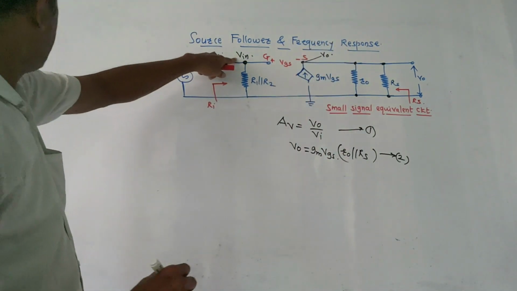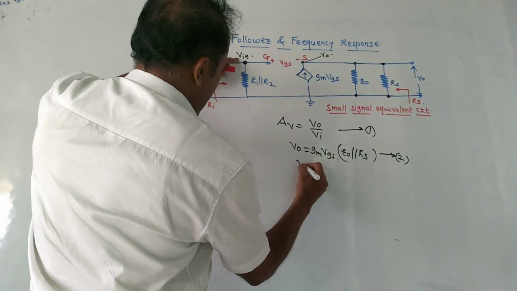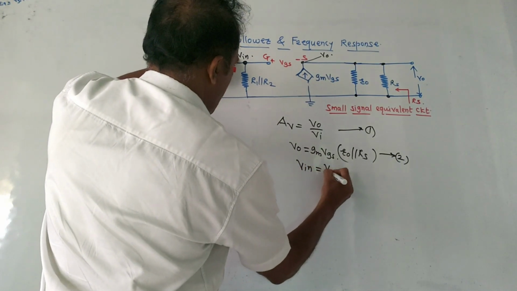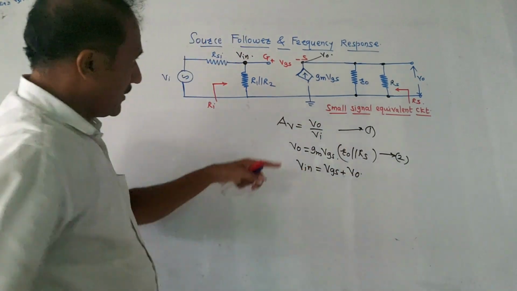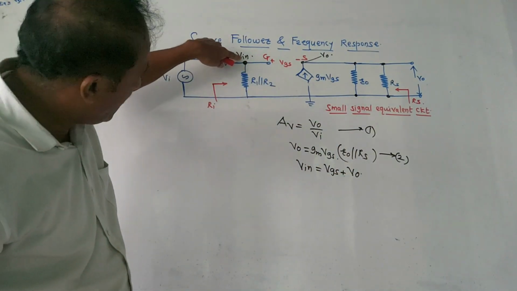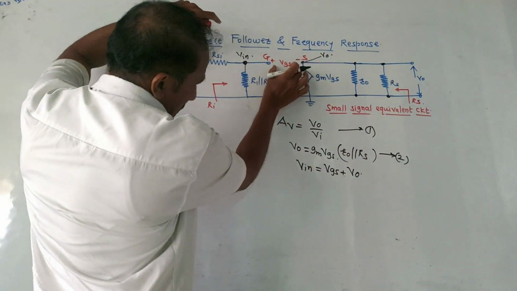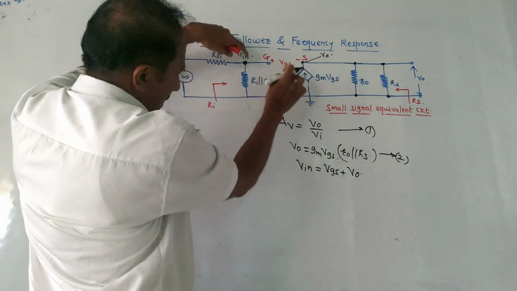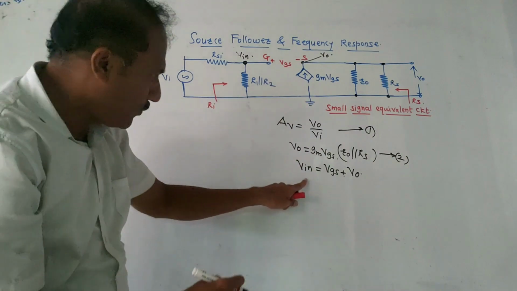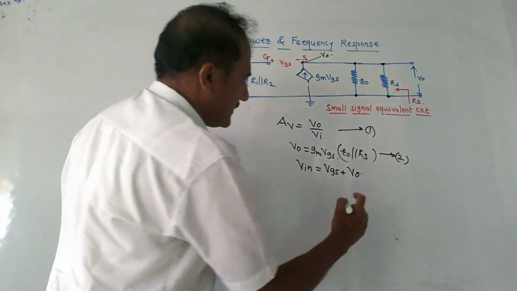So we can simply write the equation V in is equal to VGS plus V0. Very simple. This voltage is V in. This voltage drop VGS plus this voltage V0 will be equal to the input voltage. So V in is VGS plus V0.